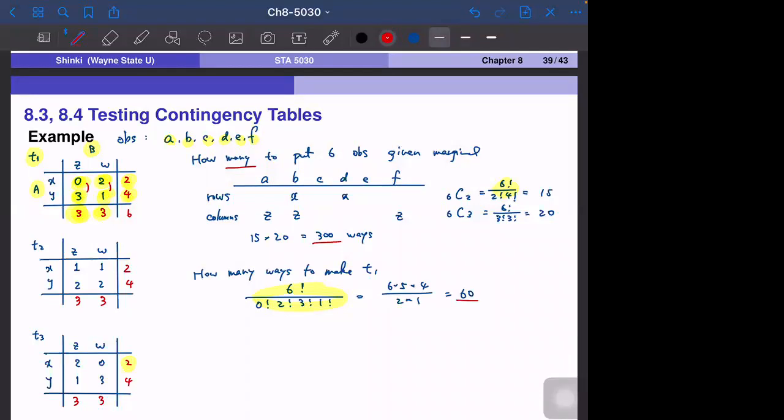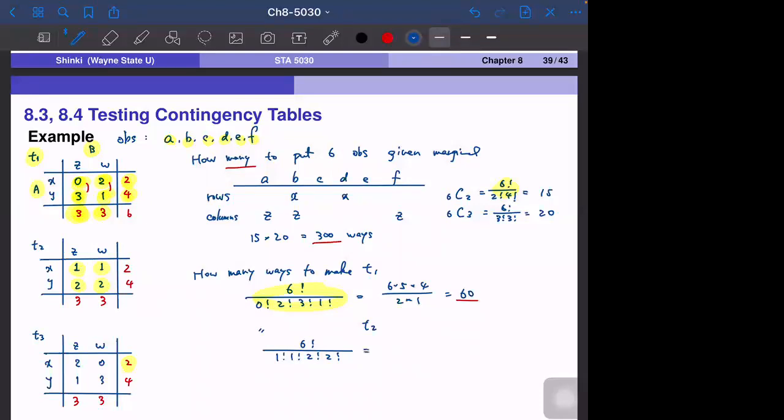And how about the other 2 tables? How many ways to get T2? So T2 sounds like the most typical table given the marginals, because everything is proportional to the marginal distribution. And actually the number of ways is equal to 6 factorial, and we choose 1 observation for upper left and 1 observation for upper right, and 2 observations for lower left and 2 observations for lower right.